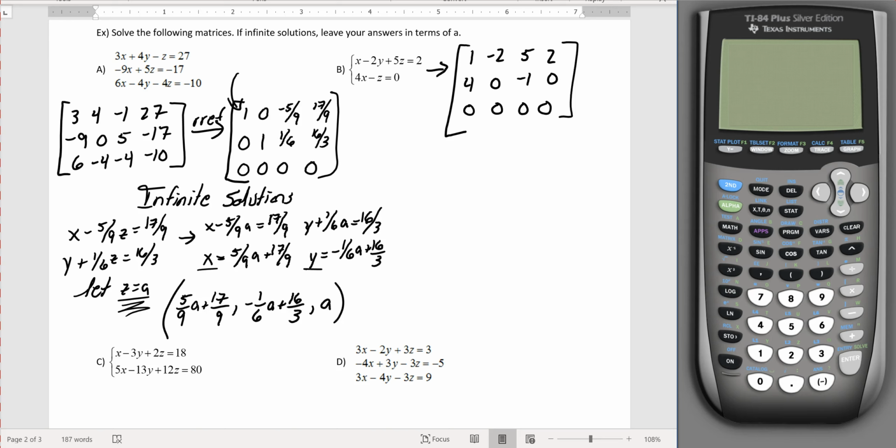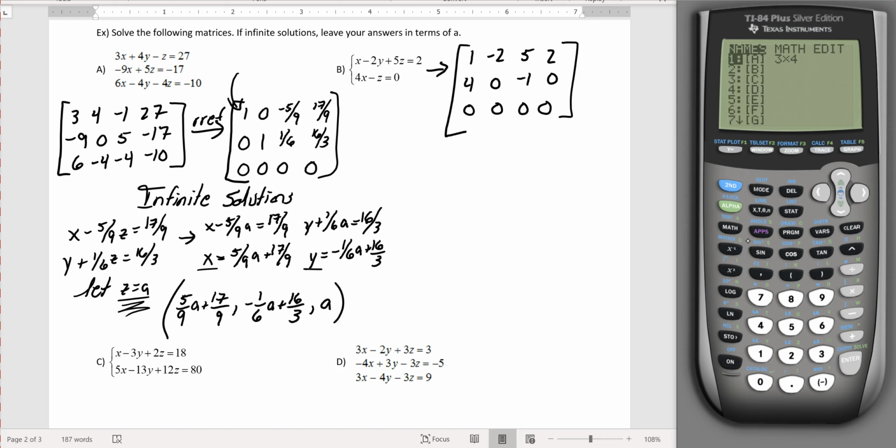Alright, now I'm going to put that in my calculator, RREF, so second matrix, I need to edit. I can just reuse matrix A. So I have 1, negative 2, 5, and 2. Then I have 4, 0, negative 1, and 0, and then I have 0, 0, 0, 0. Excellent. So second, quit.